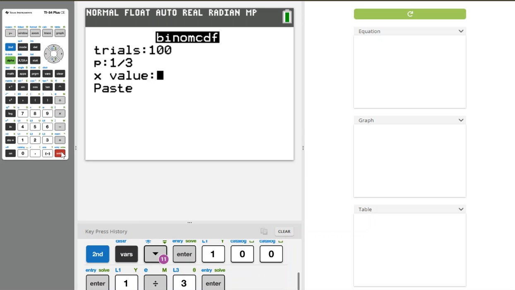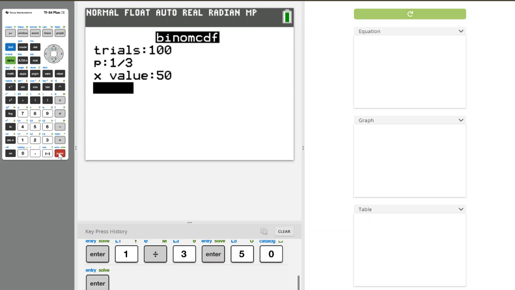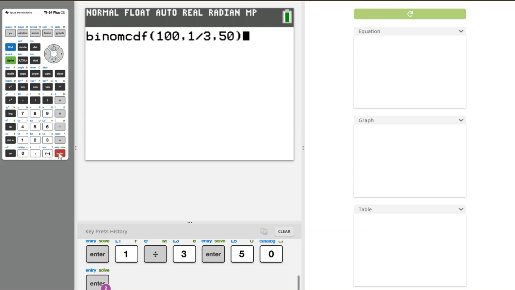And we wanted to know the probability that you won 50 or fewer times. So my little x value is 50 here. So 50 or fewer. And I paste it here. An older version of this calculator might not give you that previous menu you saw there. You would need to know that I'm entering in my parameters first and then my little x value later. But if I do this here, I get my answer.